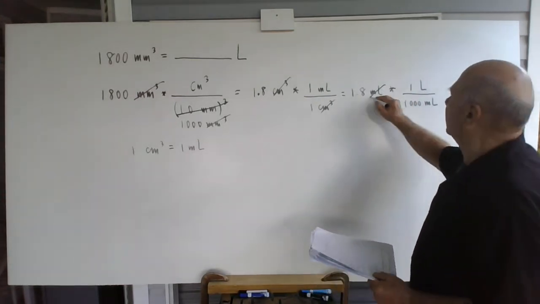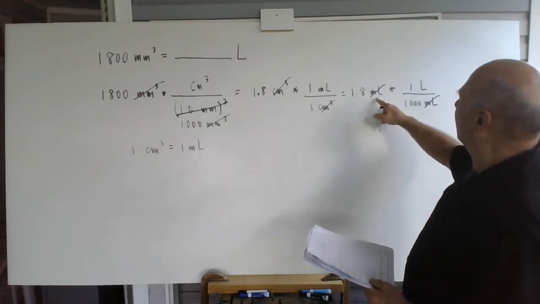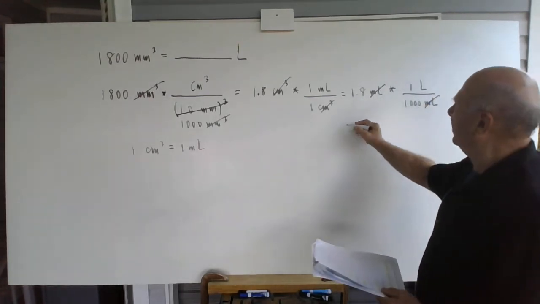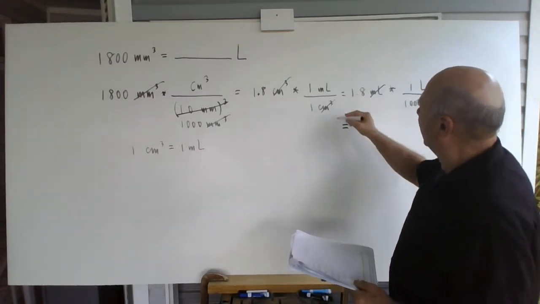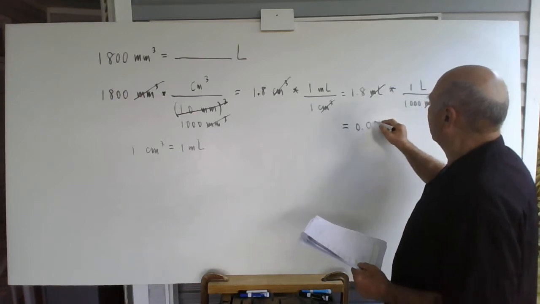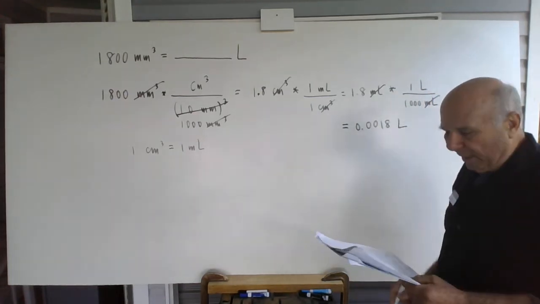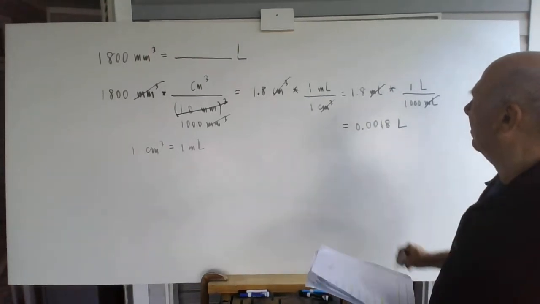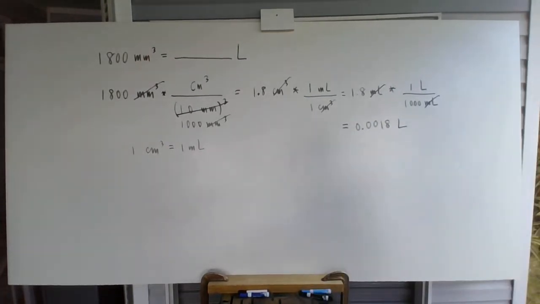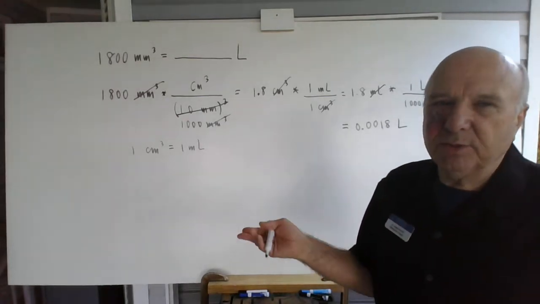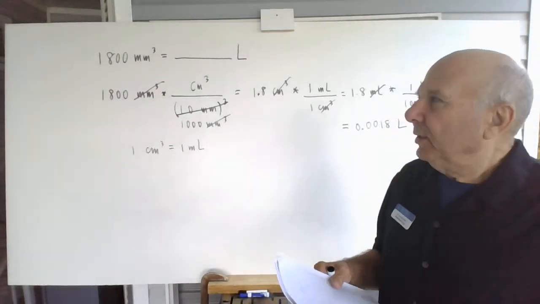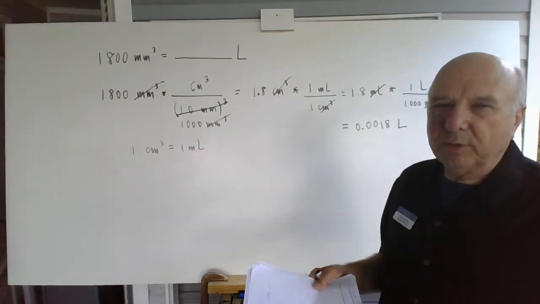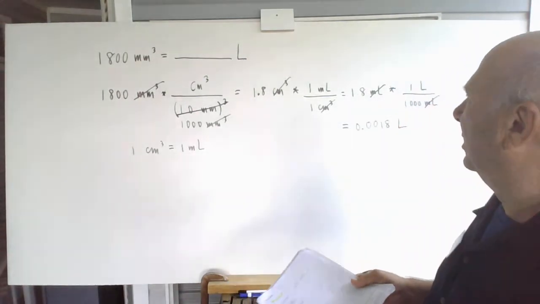So the milliliters cancel, and now I'm dividing 1.8 by 1,000, so my final answer is move the decimal place 3 places to the left. So 0.0018 liter. So it's a two-step process. A lot of these are two-step. You have to go through a couple of equivalences. Okay?